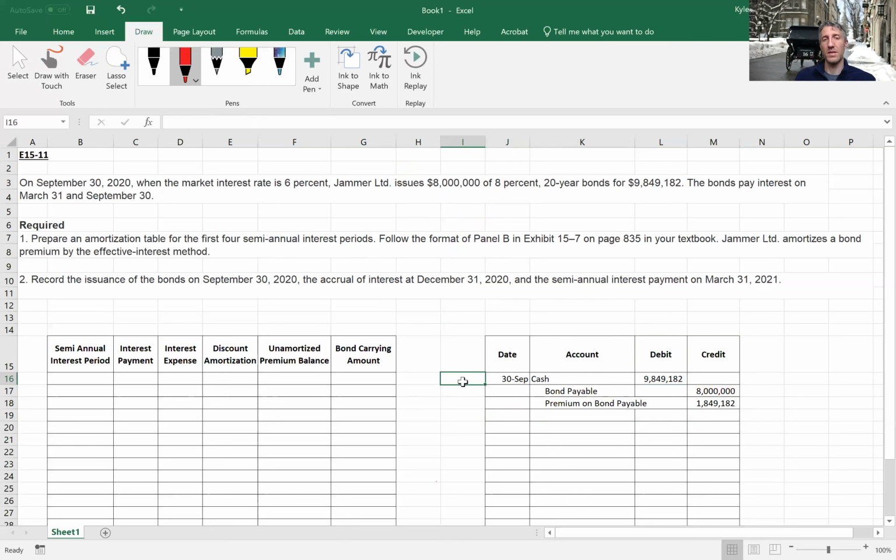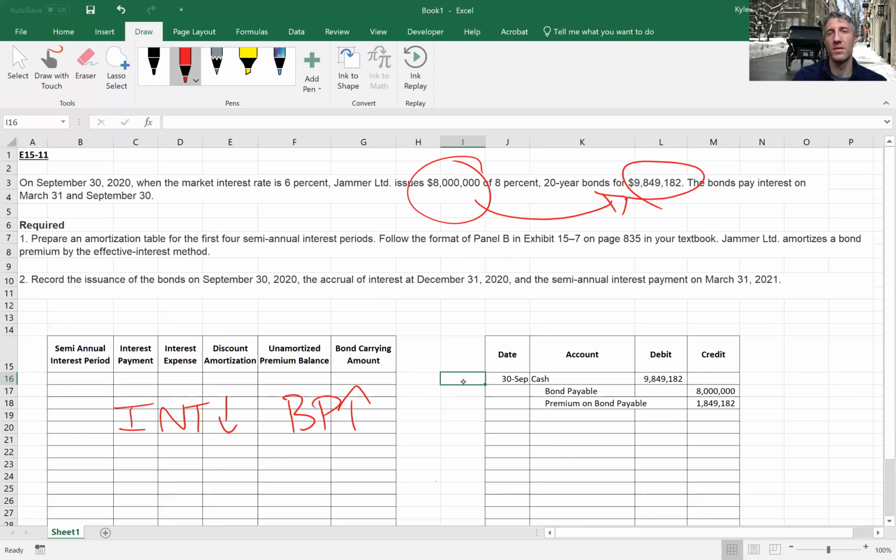Now, we already know that when market interest rates go down, bond prices go up. And since the face value is 8 million, this is exactly what happened in this problem. Face value is 8 million, but the issue price is greater. So this is what's referred to as issuing bonds at a premium. And when that happens, we need to credit this premium on bonds payable account.